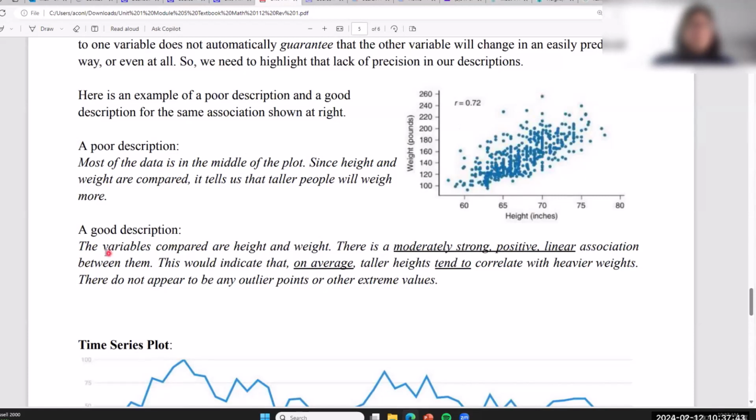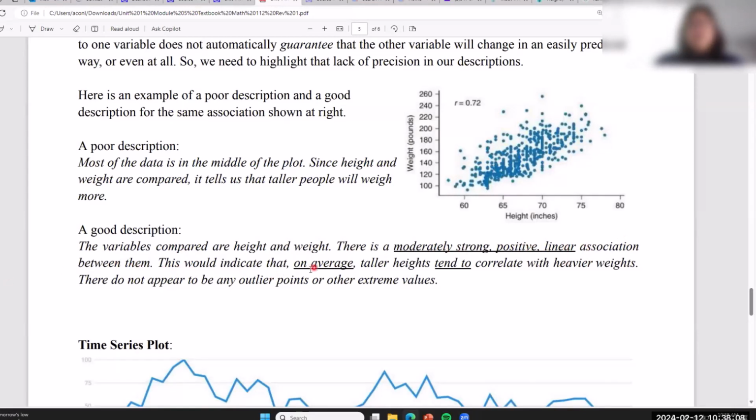So here's a good description. The variables compared are height and weight. And you guys all see that height is in inches and weight is in pounds. There is a moderately strong, positive, linear association. So notice they have strength, they have trend, and they have shape listed in this. Moderately strong, positive, linear association between them.